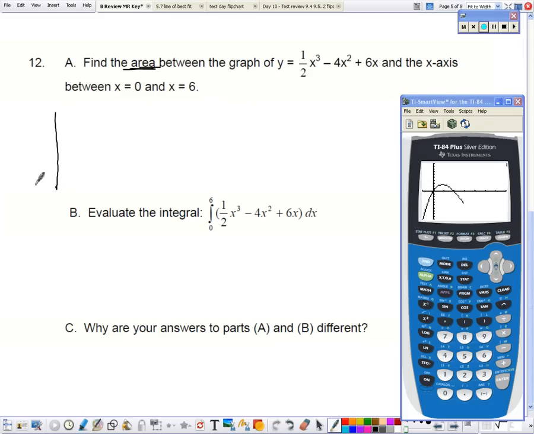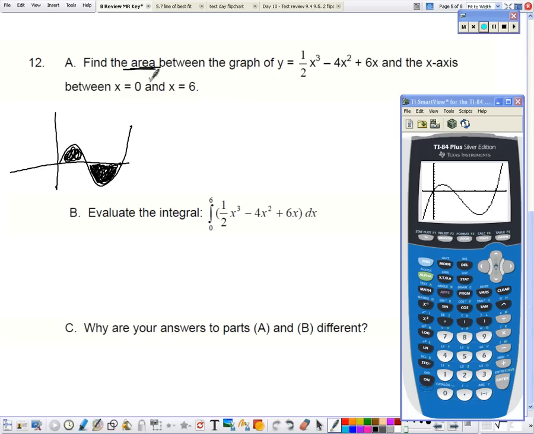And so looking at that picture, that's going to be this area plus this area. But understanding that an integral just calculates the Riemann sum, or all of the rectangles added up, this area down below the x-axis is going to be a negative value.